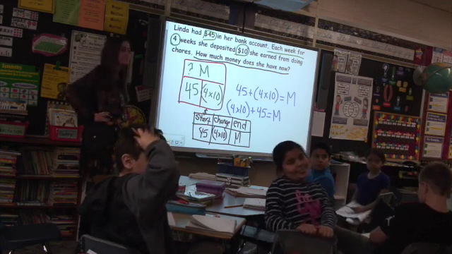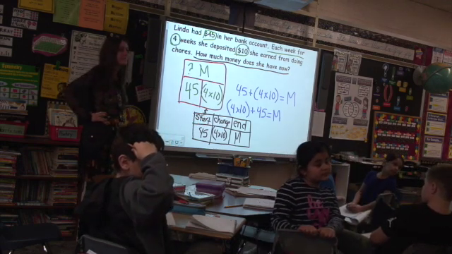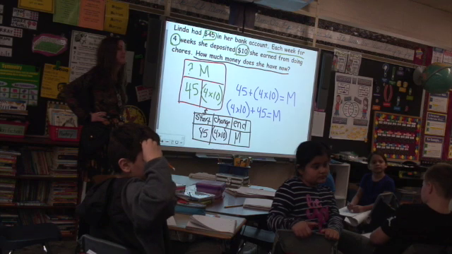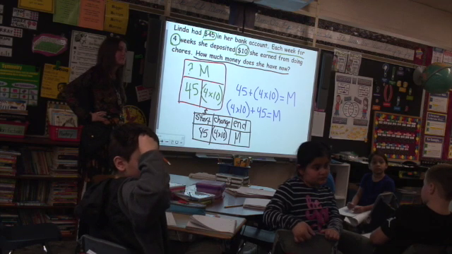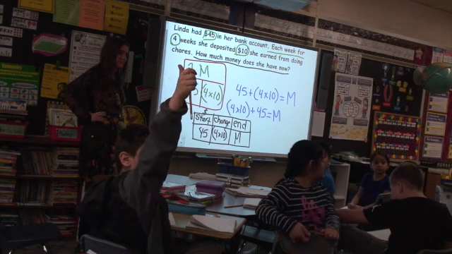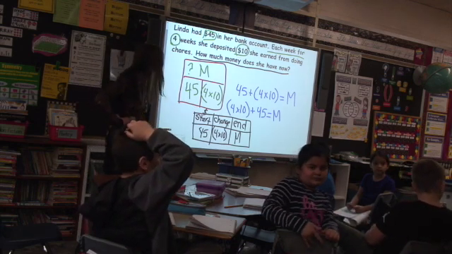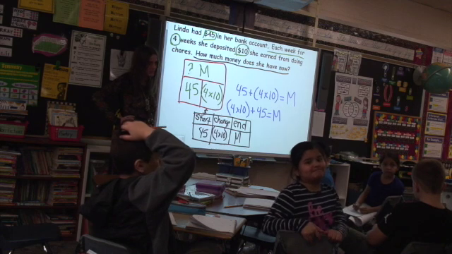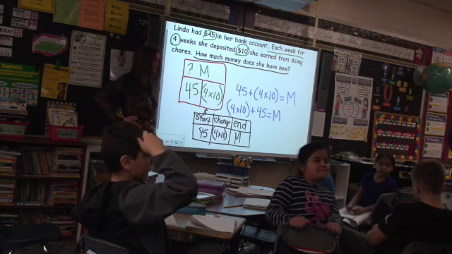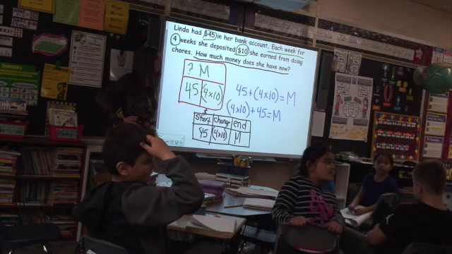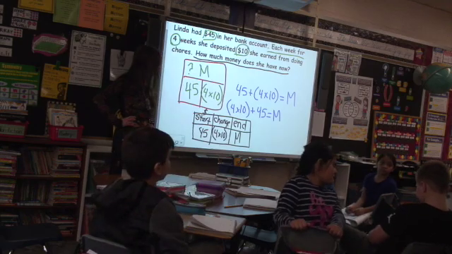Because times and division come before addition. Because remember your order of operations, regardless, if I have those parentheses, multiplication and division come first, so I would still get the same answer, even if I didn't have those parentheses. In this case, it would work, right? So it's the same answer.